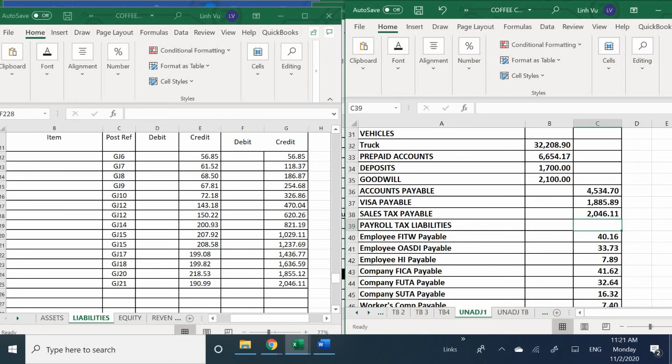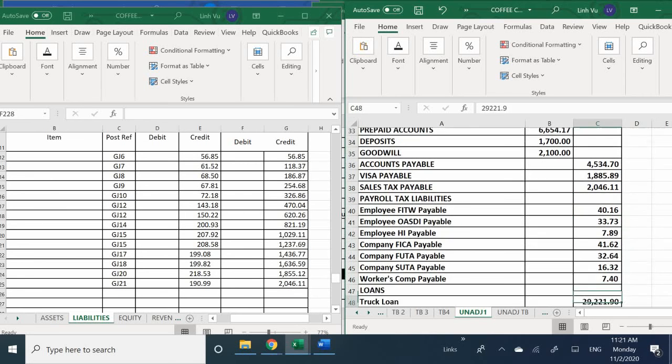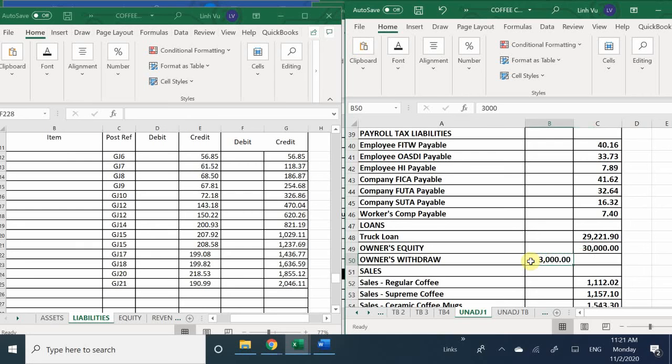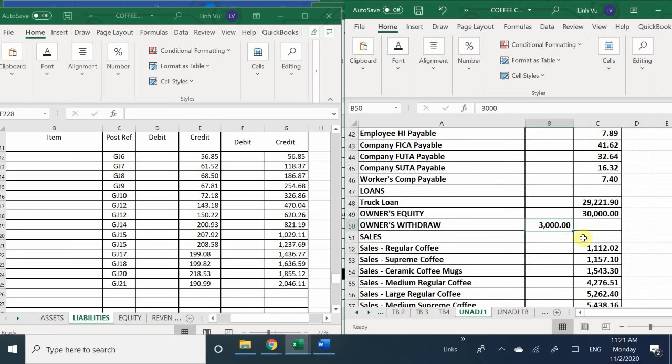Okay, all right, my payroll liabilities did not change, and so did my loan did not change. Did my owner's equity change? No. What about my owner's withdrawal? No. So I don't need to go look at that.